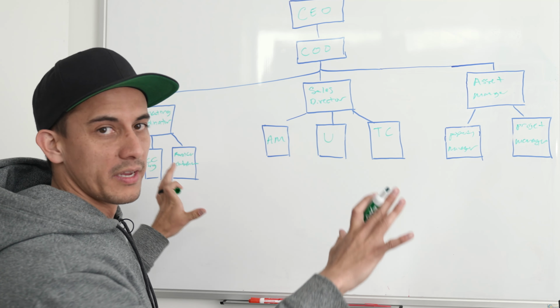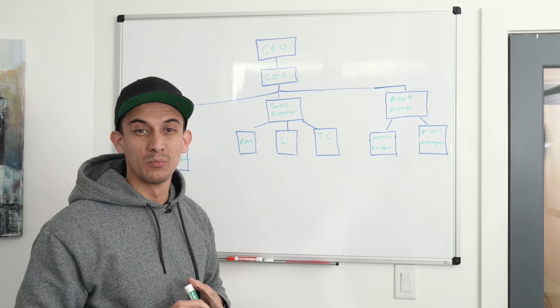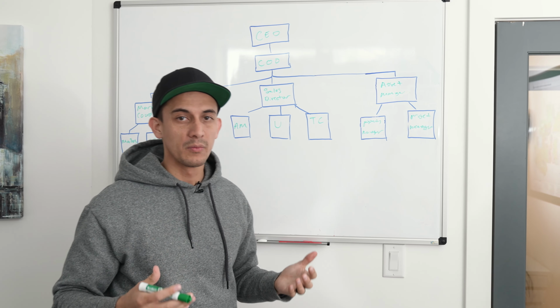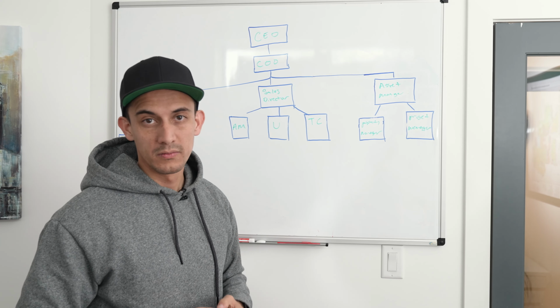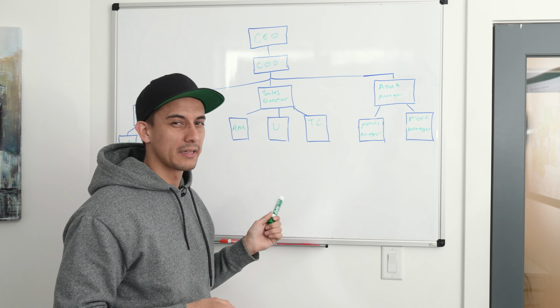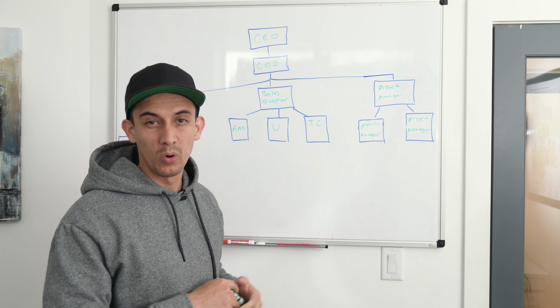There's a lot more that could go into this organization chart. For time's sake, I just wanted to make this brief to help you understand that, for a multifamily acquisition company, this should be something similar to what I have here. It doesn't have to be exactly like this.